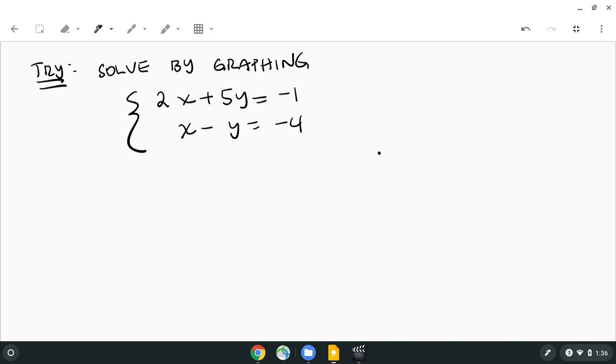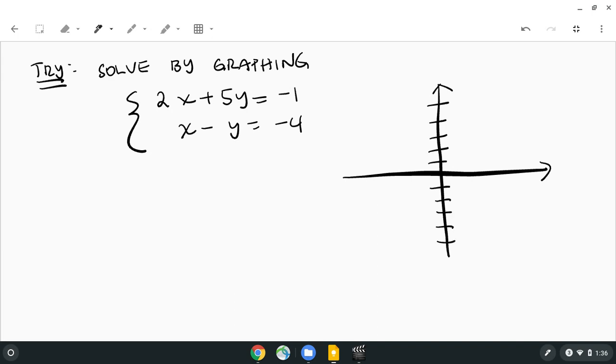Okay, so if I am going to graph this, I am going to make a table of values for the first equation. When x is 0, y is -1/5. When y is 0, x is -1/2.